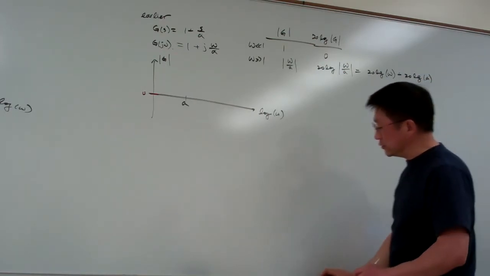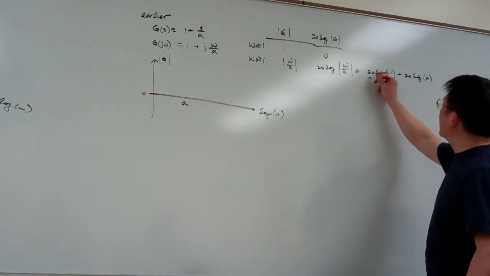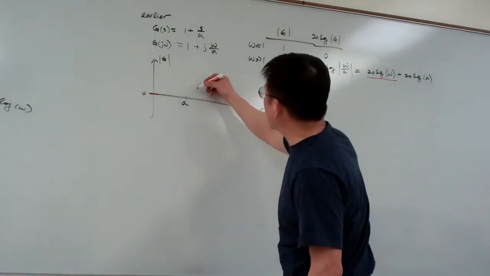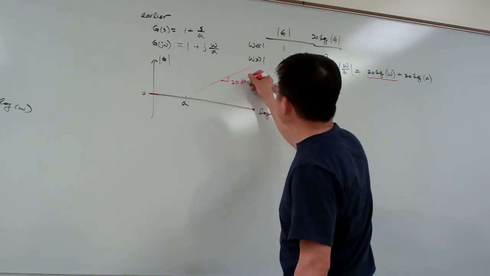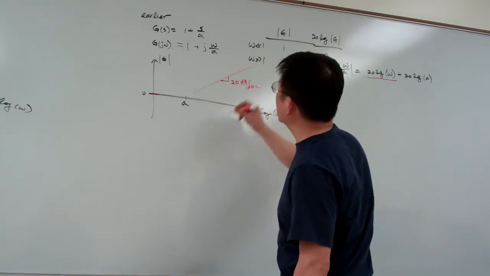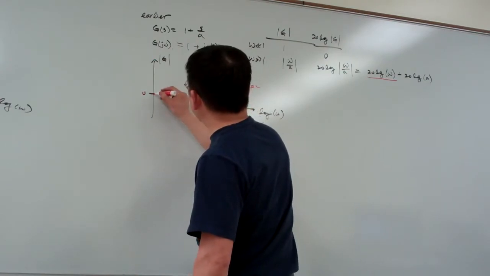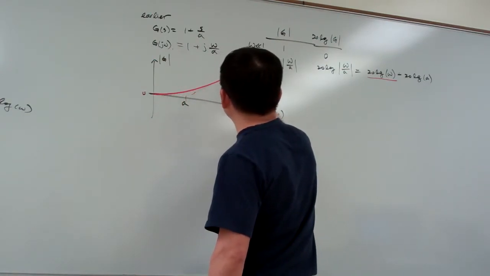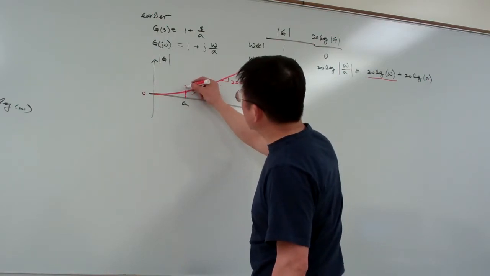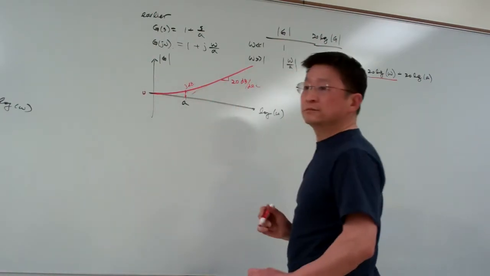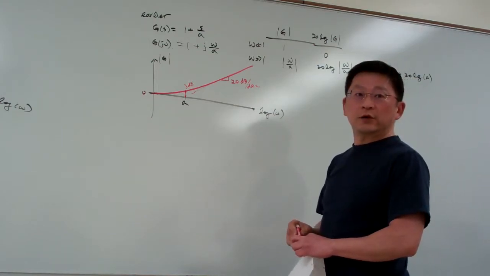Basically, the magnitude for this case is governed by a slope, which equals 20 decibels per decade. That is the asymptote, and then we can precisely draw it, at the corner frequency here, that is 3 dB. Very good?